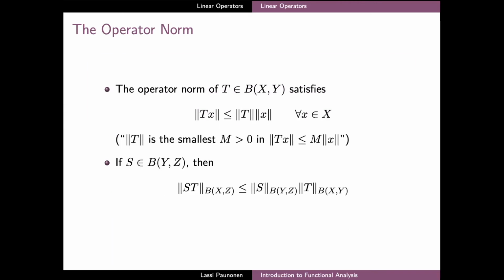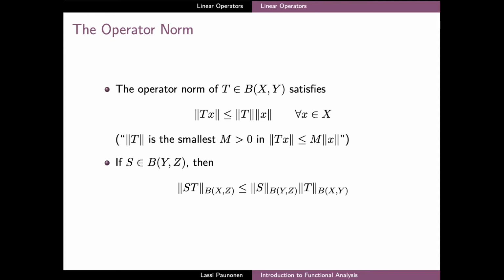The operator norm we've defined has some quite nice properties. First of all, for any vector x, we can estimate the norm of Tx with the product of the operator norm and the norm of x.